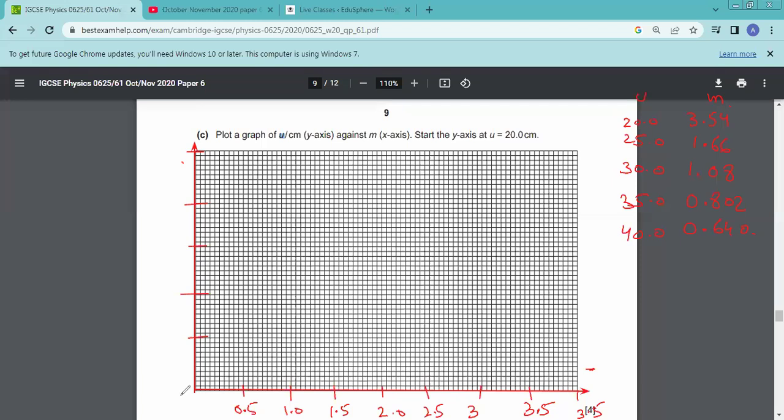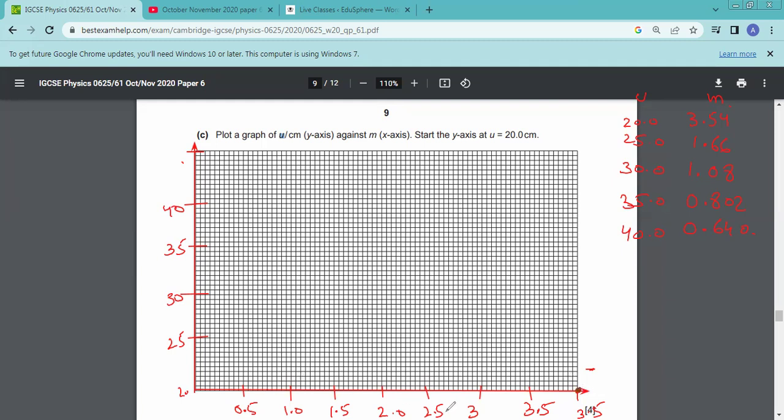It should be 20 here because we are starting from 20. So 25, 30, 35, and at 20 the value should be 3.54. So I'm writing 3.5 here. This is 3.54.